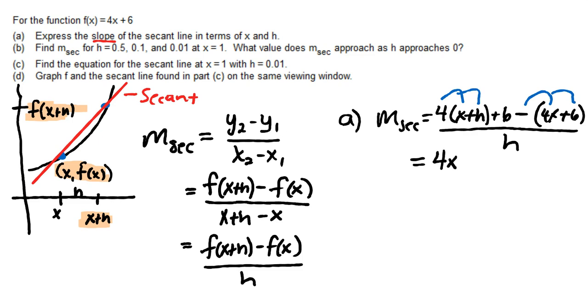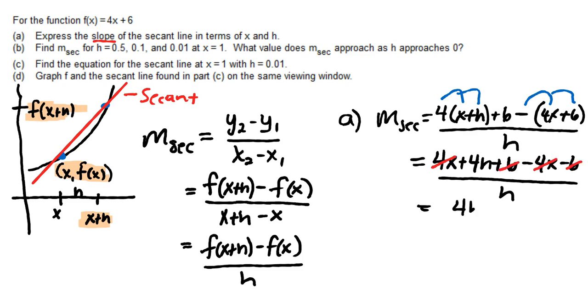So I have 4x plus 4h plus 6 minus 4x minus 6 over h. The 4x and 4x cancel, the plus 6 and minus 6 cancel, leaving me with 4h in the numerator and h in the denominator. Those h's cancel, leaving me with 4.